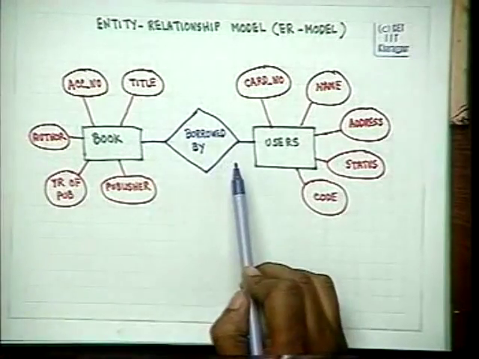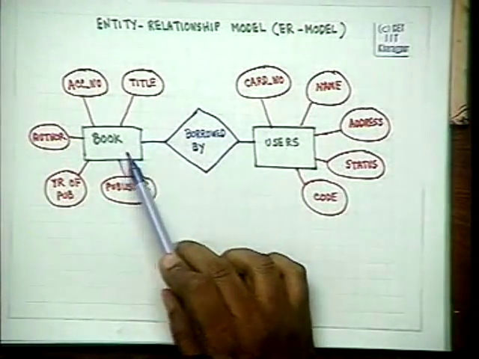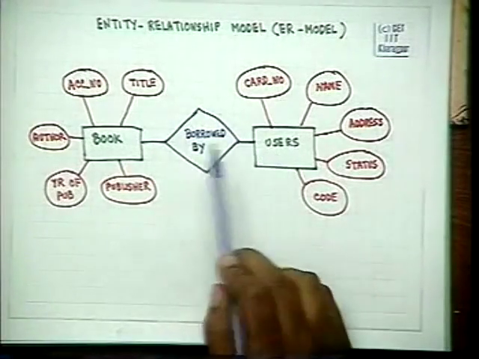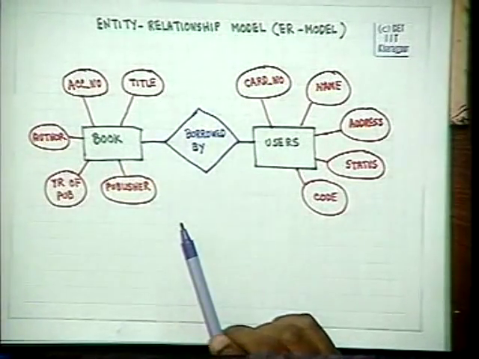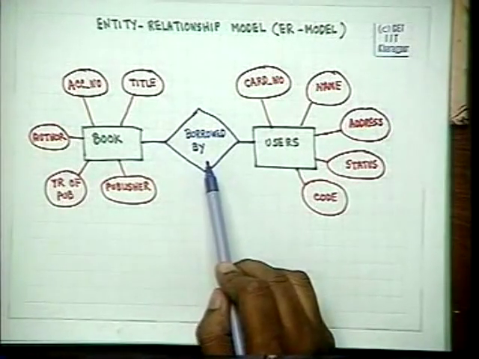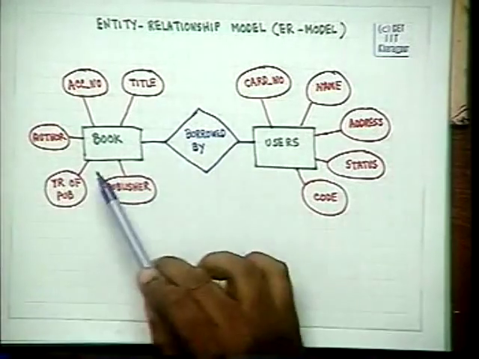This is the relationship which will map a particular book to a particular user, provided that this user has borrowed this book. So, this is called a relationship.